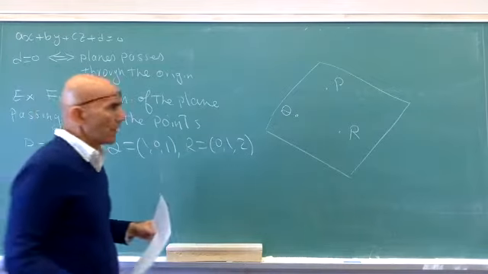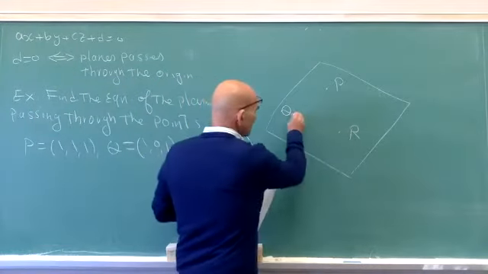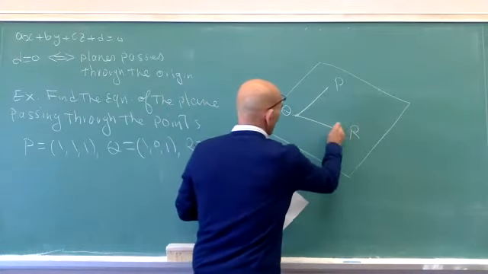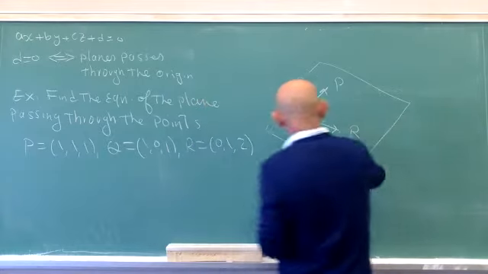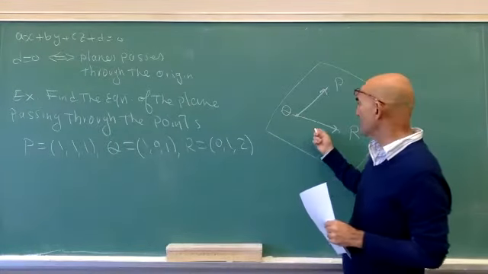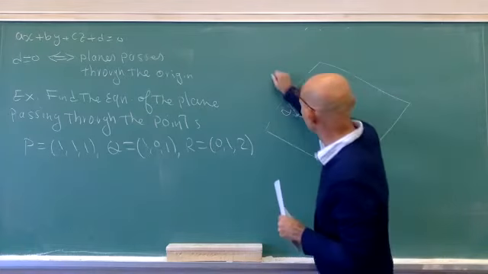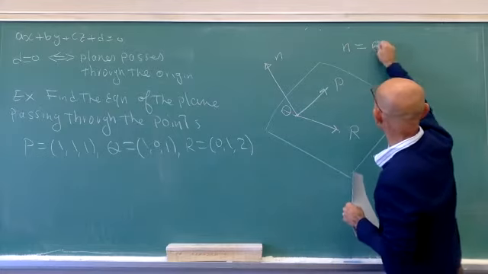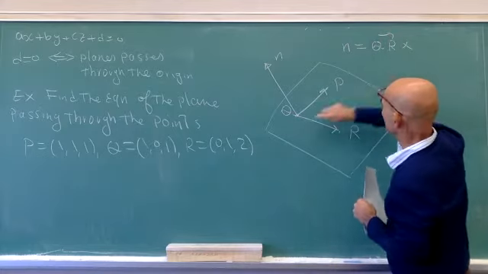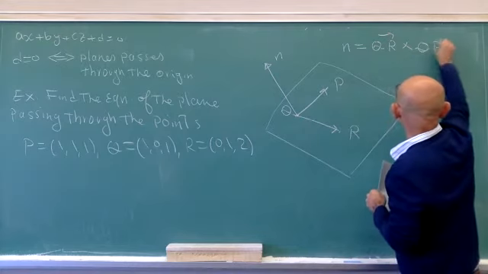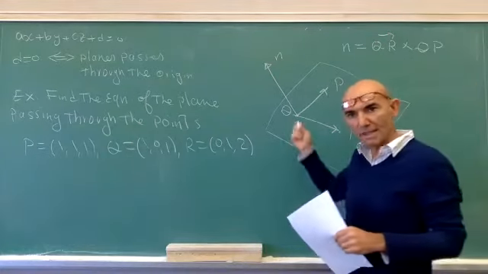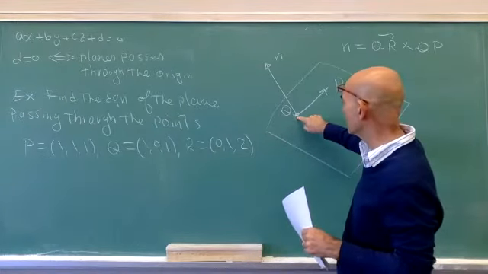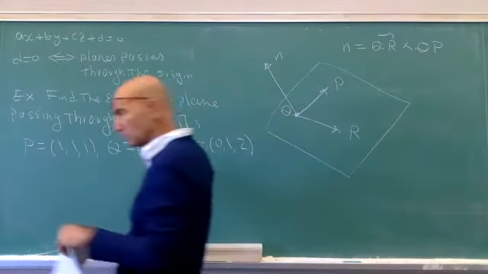So what we can do is choose two of these lines, take vectors, and to find the normal vector, we take the cross product of these two. So n is QR cross QP. And then you're set, because then we can choose this point Q as the point that the plane passes through.